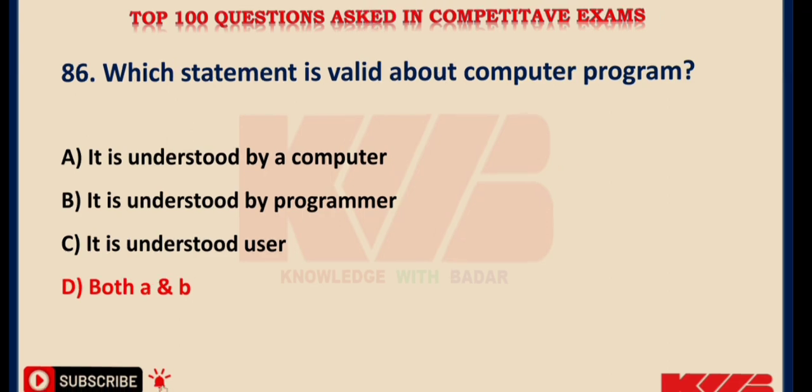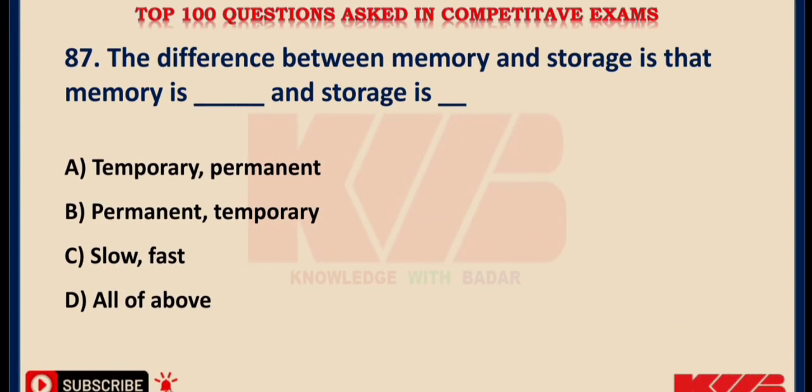The next question is, the difference between memory and storage is that memory dash and storage is temporary and permanent, permanent and temporary, slow and fast, or all of the above. The difference between memory and storage is that memory is temporary and storage is permanent.